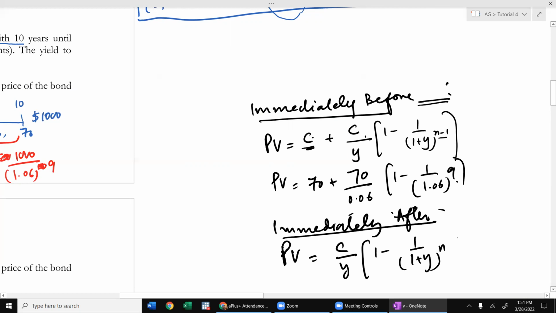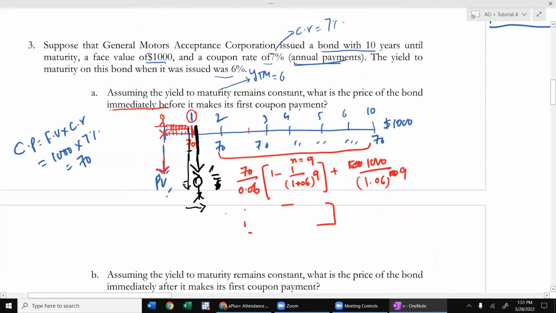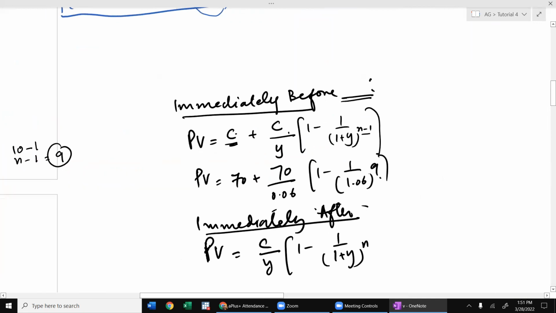Anyone? How many years did we use for our second situation? 9, right? Total were 10. We have already received 1, so it is N minus 1, right? So it was 9, correct? So you will use N minus 1.